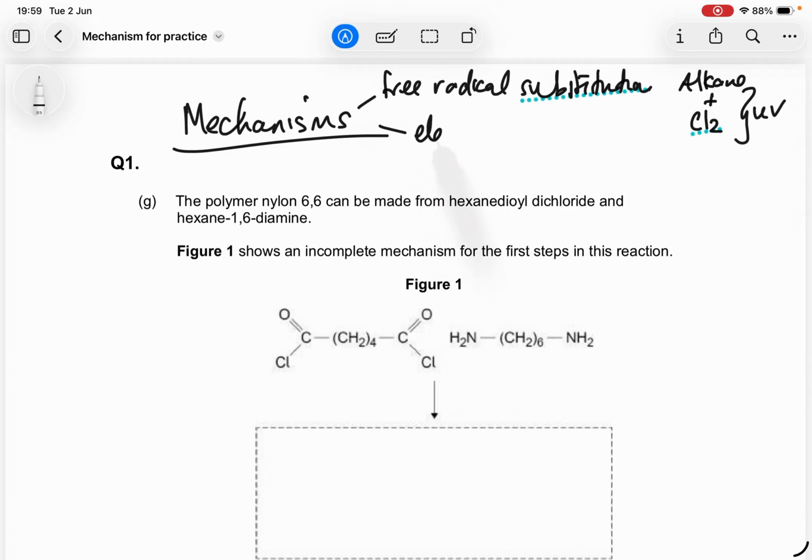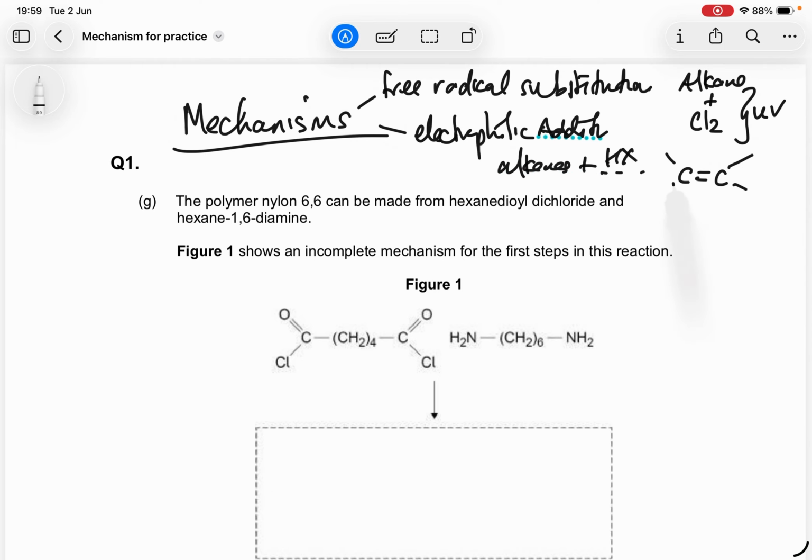Then you've got electrophilic addition, and that is alkenes reacting with something like HX, and the double bond can break and things can add across it.